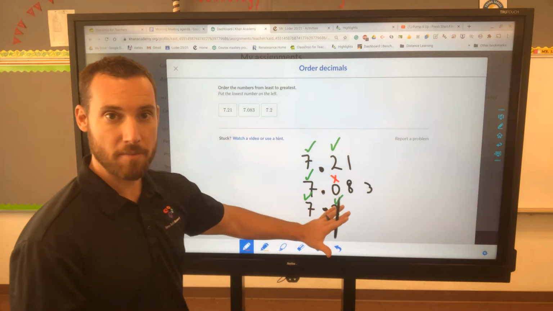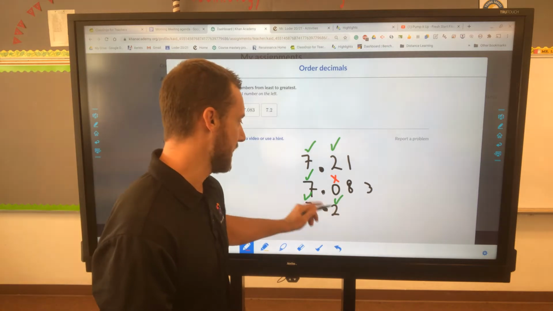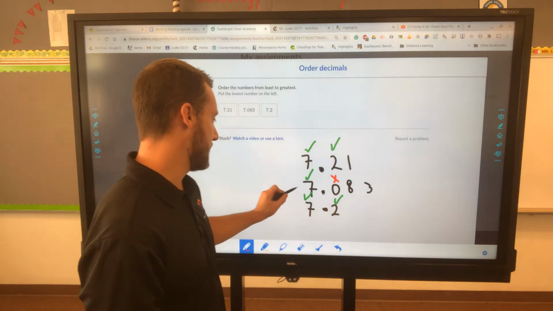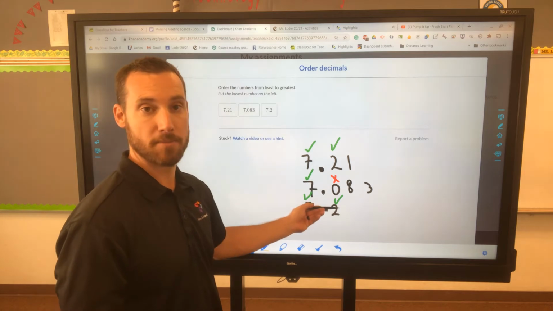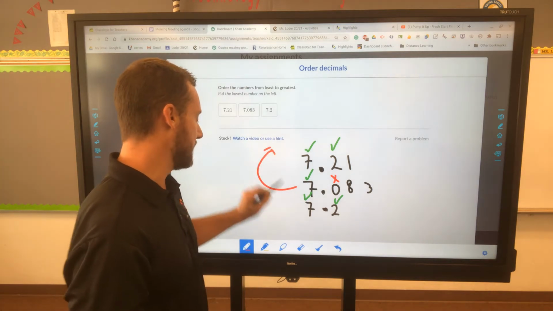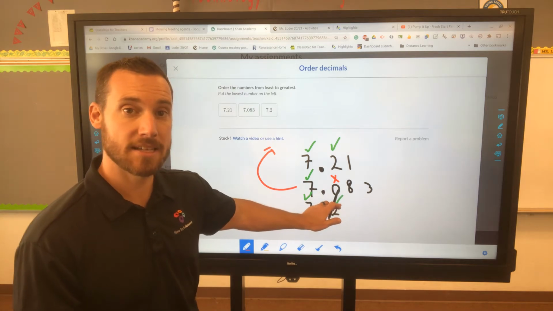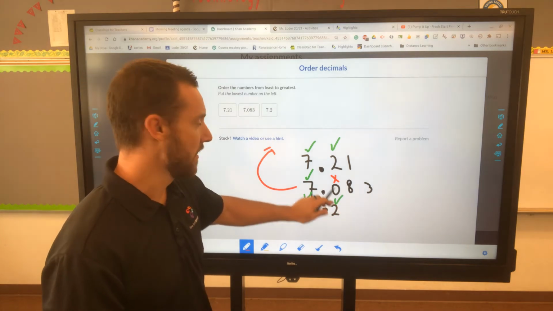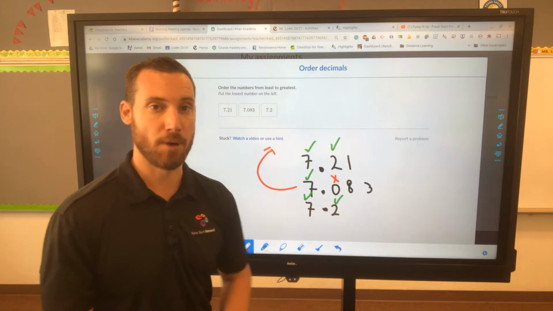So right off the bat, I can stop and say that this number is less than these two numbers, right? So this number is going to be our least because there's a 0 in that tenths spot rather than a 2 in the tenths spot.